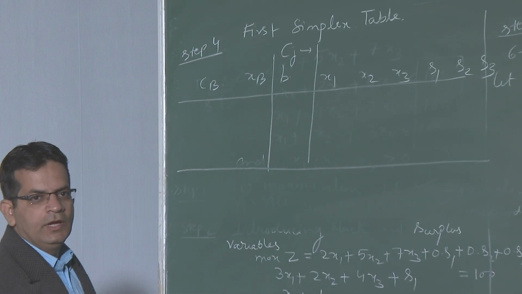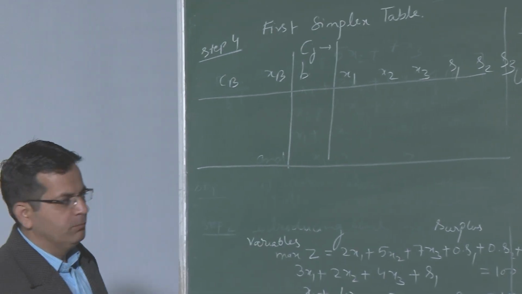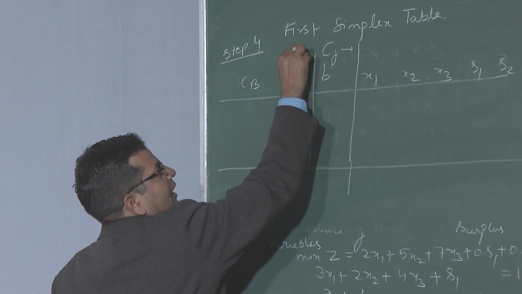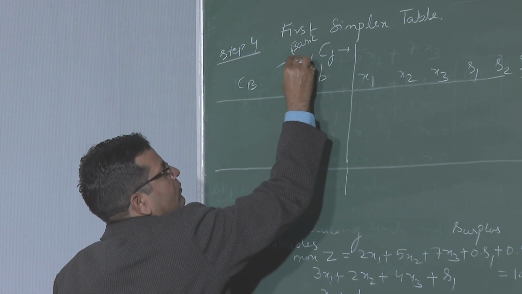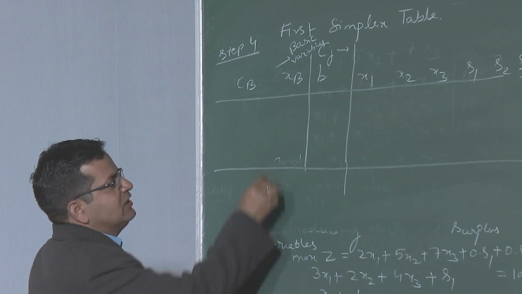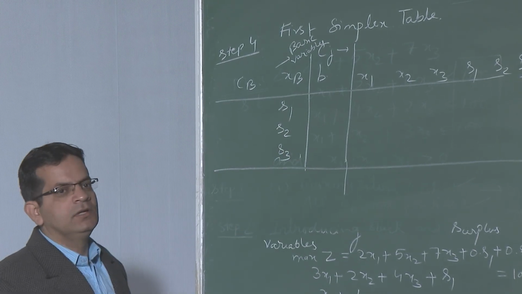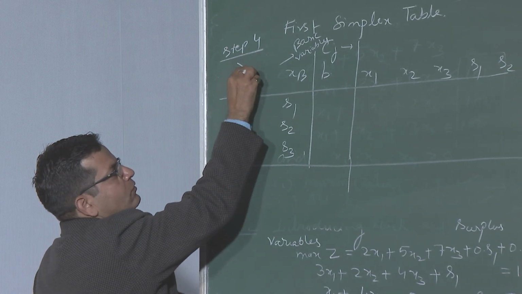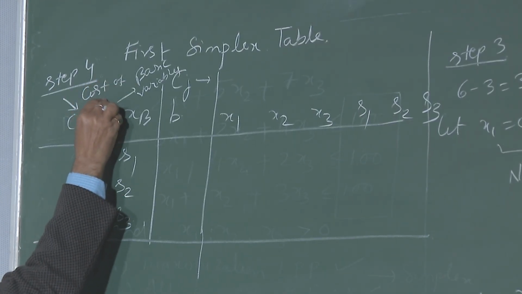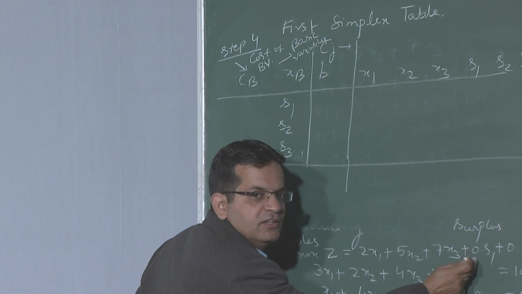This format differs from author to author and expert to expert, and in my opinion it is a simple format. XB indicates the basic variables, which we know are S1, S2 and S3. CB means the cost of the basic variables. The cost means its coefficient in the objective function.